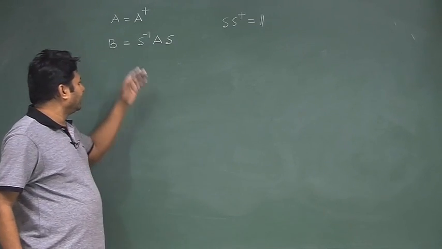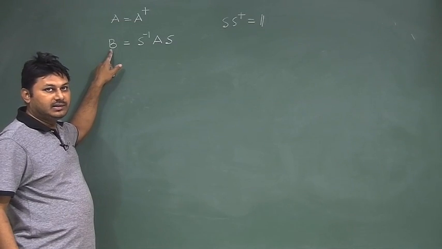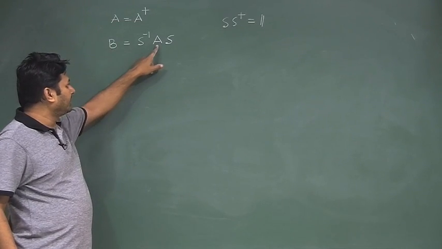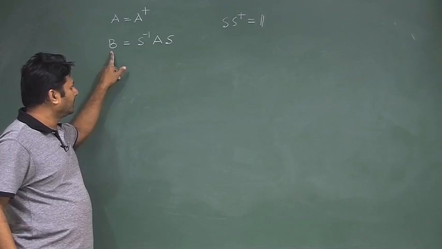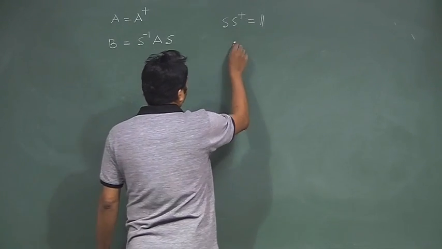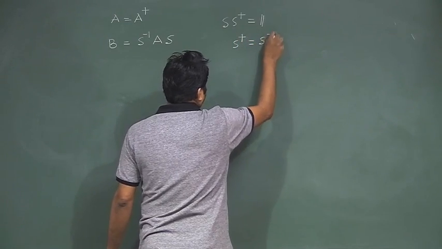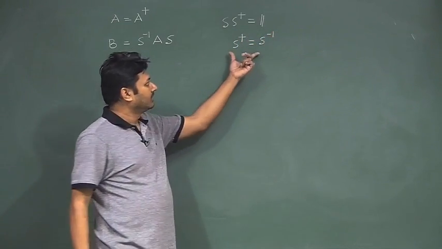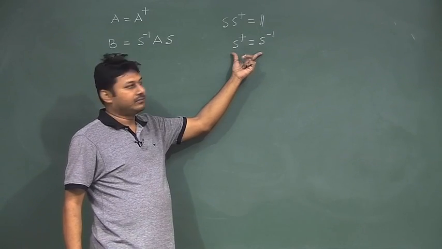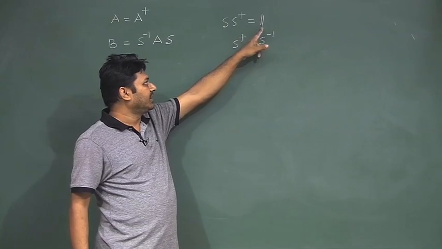If this is the case, is this B still Hermitian? A is Hermitian, I know. Is B Hermitian? Here I can write S dagger is equal to S inverse, the extra property that I have because of the unitary property. S is a unitary matrix.